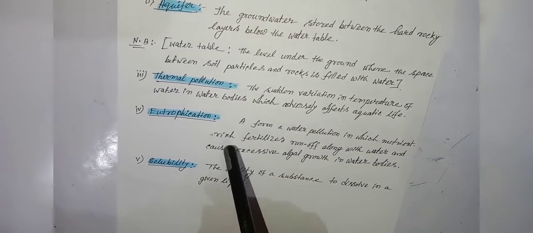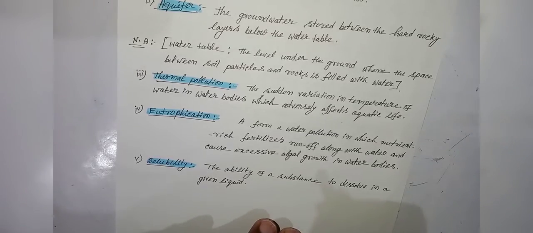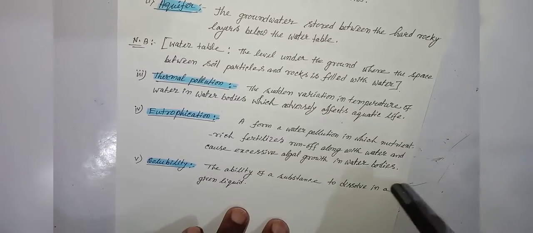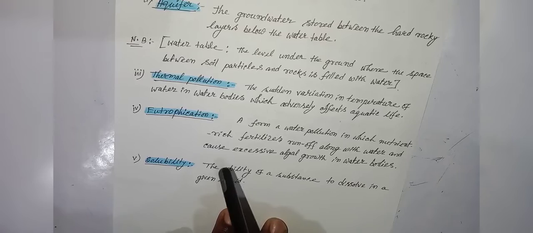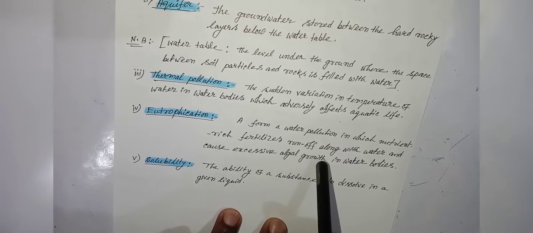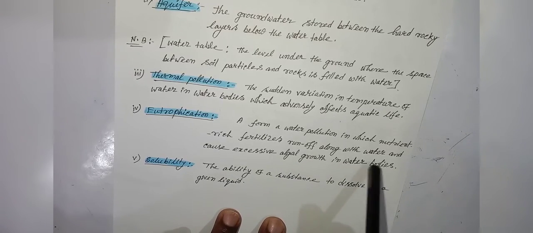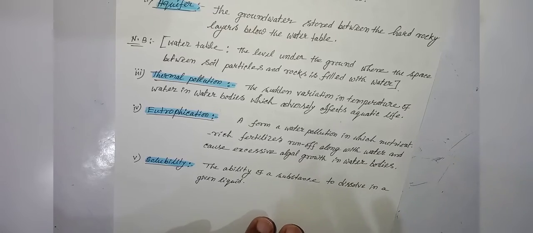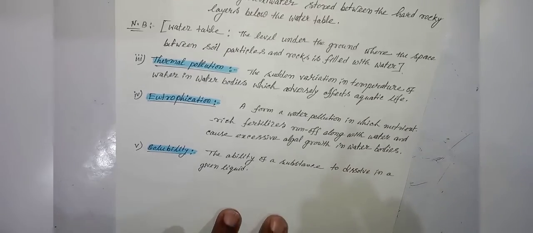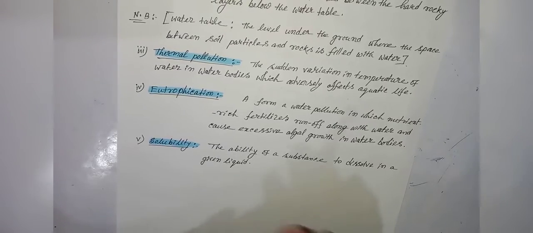Eutrophication, a form of water pollution in which nutrient-rich fertilizers run off along with water and cause excessive algal growth in water bodies. Solubility, the ability of a substance to dissolve in a given liquid.